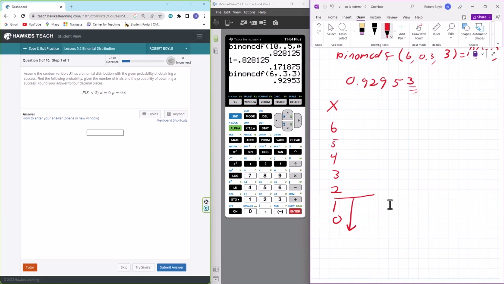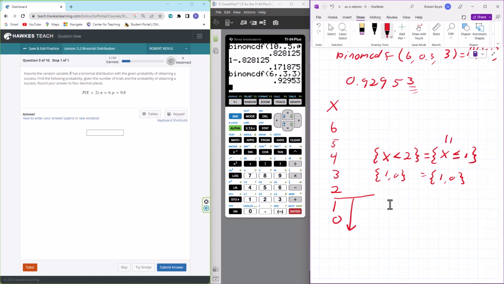The point of the matter is the event of x being strictly less than 2 is equal to the event that x is less than or equal to 1. They both have the exact same elements, 1 and 0.